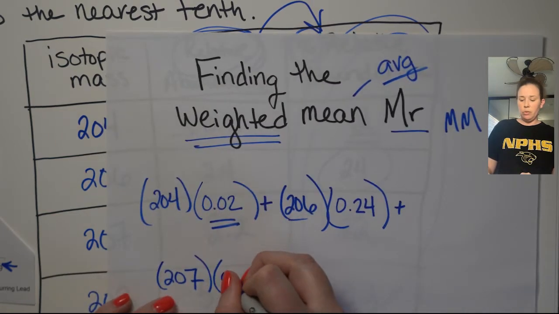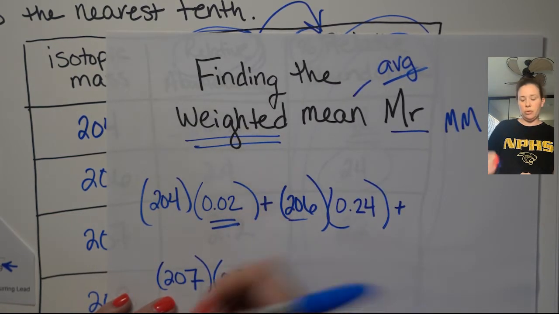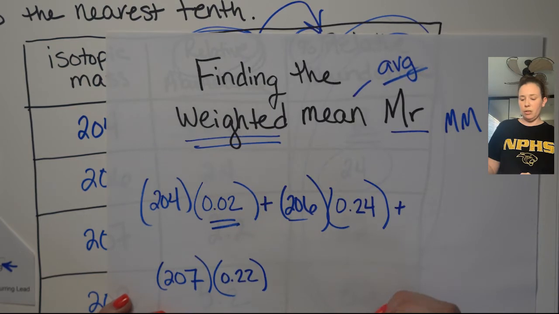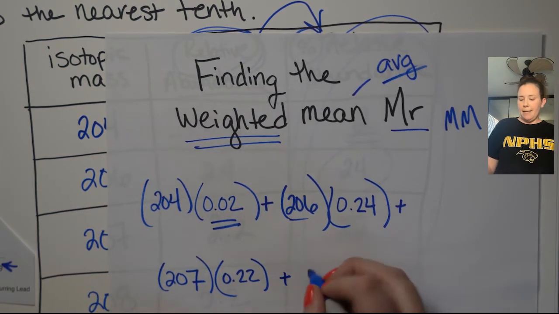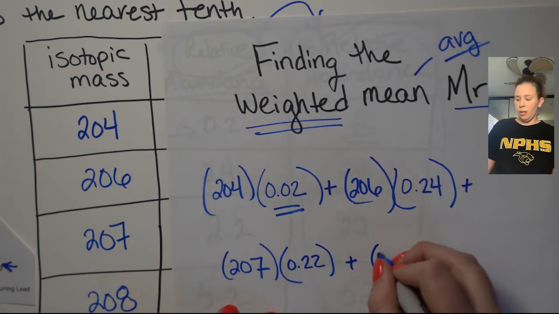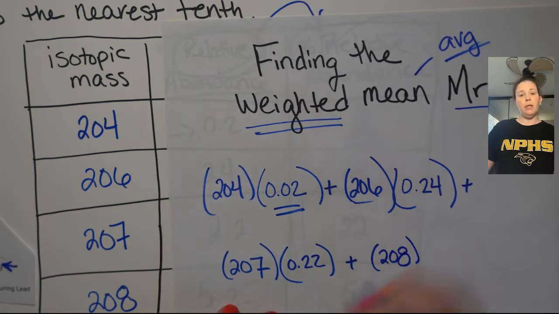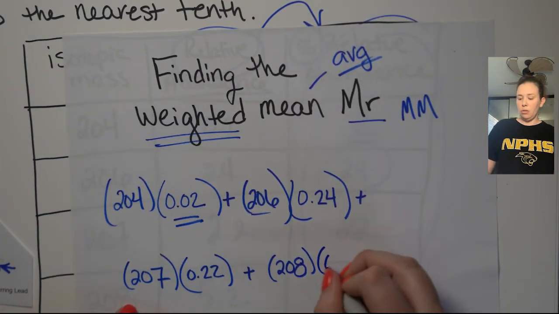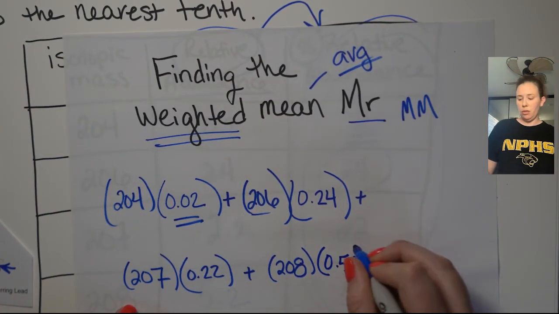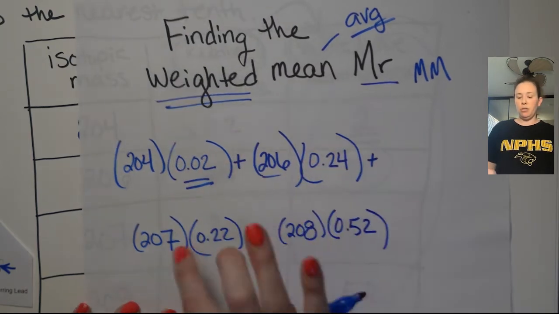So I'm going to use the 0.22, the decimal version of that percentage, to find the percent of that number. And then my last mass was 208. And that was the one that had the largest relative abundance of 52. So we're going to use 0.52 here. We're going to add up each of those.